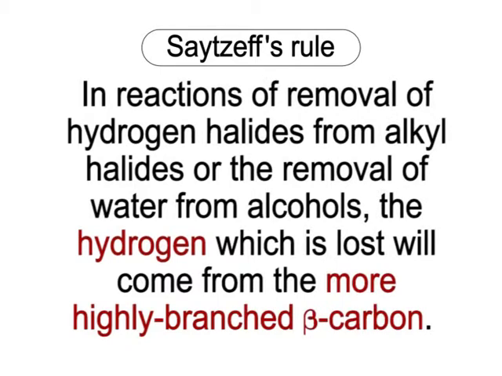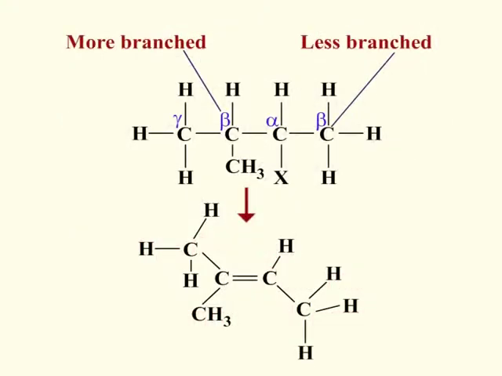In reactions of removal of hydrogen halides from alkyl halides or the removal of water from alcohols, the hydrogen which is lost will come from the more highly branched beta carbon. Saytzeff's rule implies that base-induced E2 eliminations will lead predominantly to the alkenes in which the double bond is more substituted. Have a look at the position of the double bond.